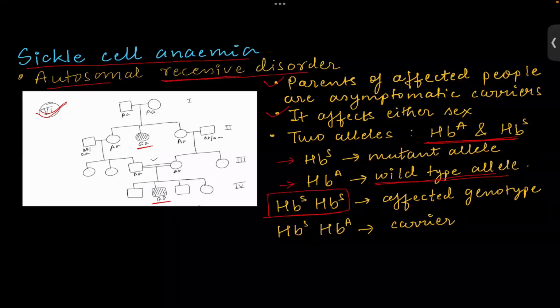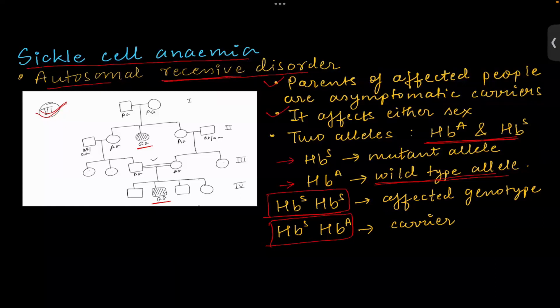Recessive alleles have to be in homozygous condition for the expression of this particular disorder. So the affected people will have homozygosity for the HBS allele, whereas a carrier will carry one copy of HBS and one copy of the wild type or normal allele, which is HBA.